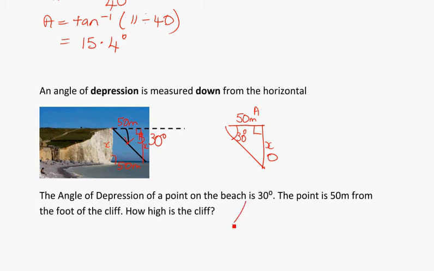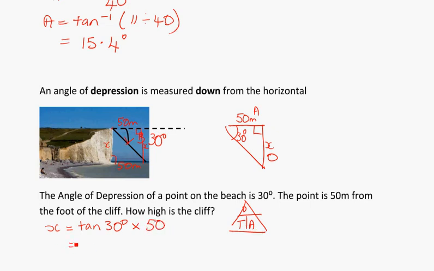So once again it is the tan triangle, and we have to find the opposite, and so the height of the cliff, or X, equals the tan of 30 degrees times the adjacent, which is 50.